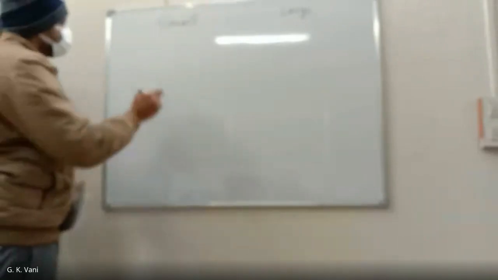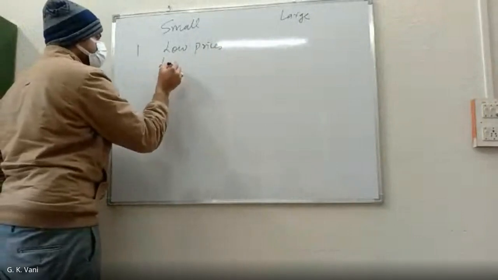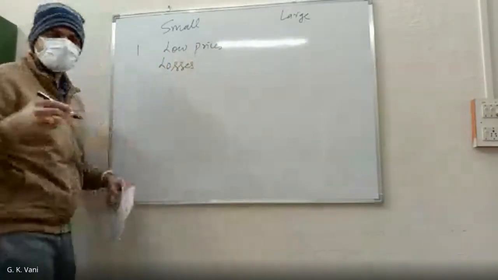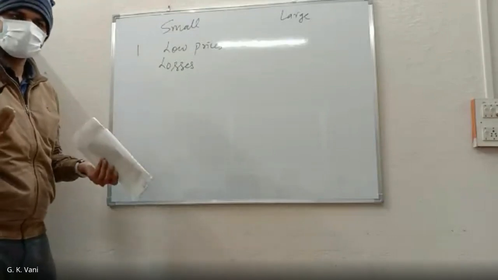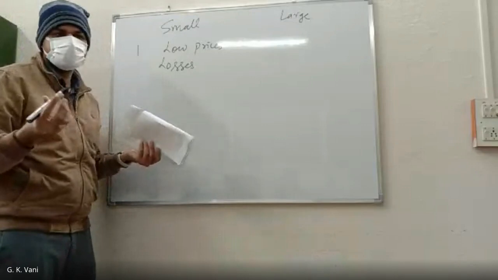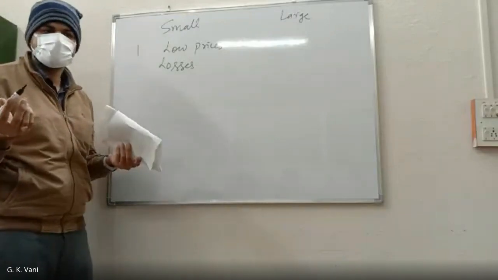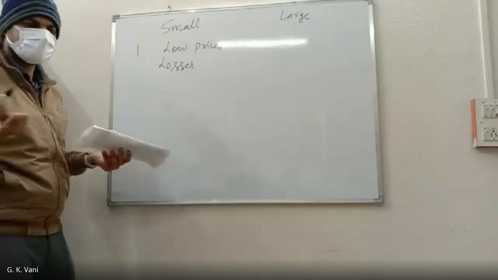So small farms, they offer first thing is when prices are low. When prices are low, losses that occur, which prices are low? The output price is low. So your output from wheat can be wheat grains, wheat straw. From maize, you can say maize grains, maize cob, right?